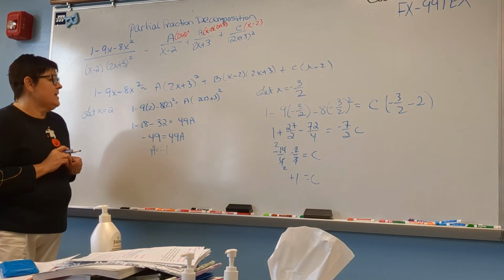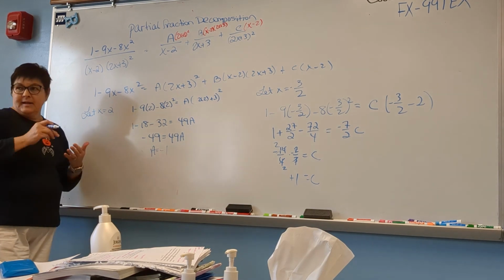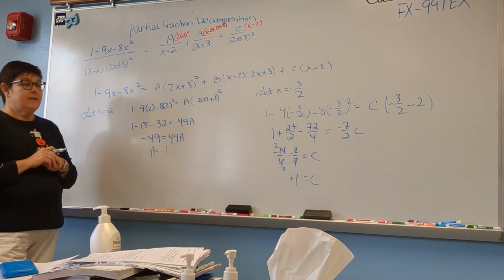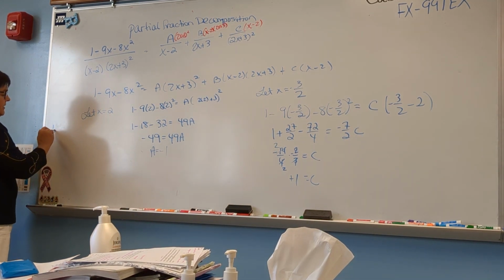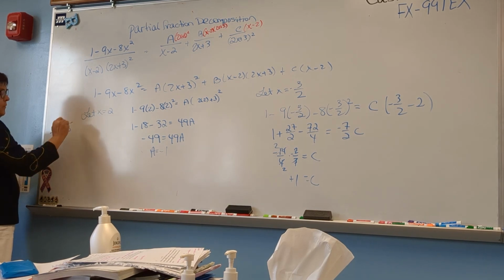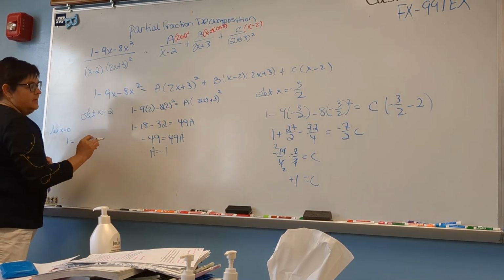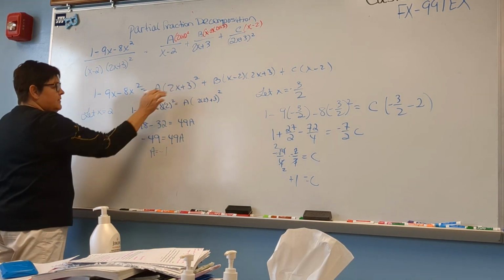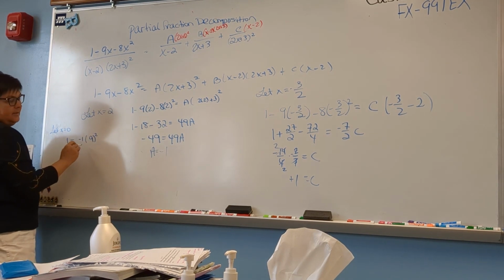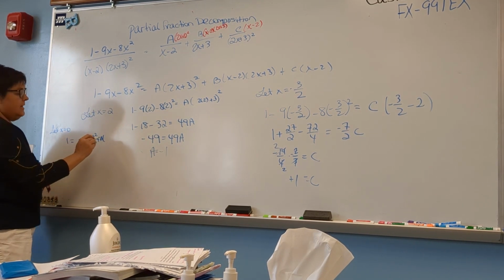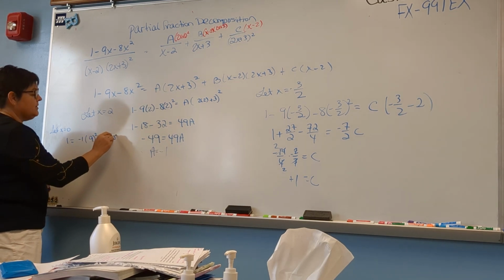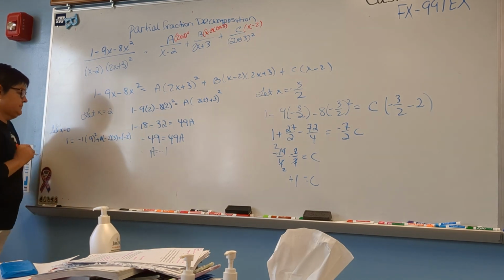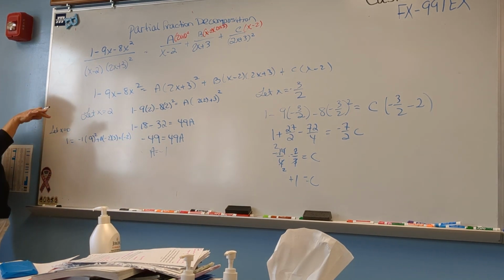Okay. So now that we know A and C, what's left to find? B. And what do I use? I would use 0 as well. So let x equal 0. So it's 1 equals negative 1 for A, times (0 plus 3) squared, and B we don't know, times negative 2 times 3, and then C is 1 times negative 2. I just plugged in 0 everywhere I saw an x.